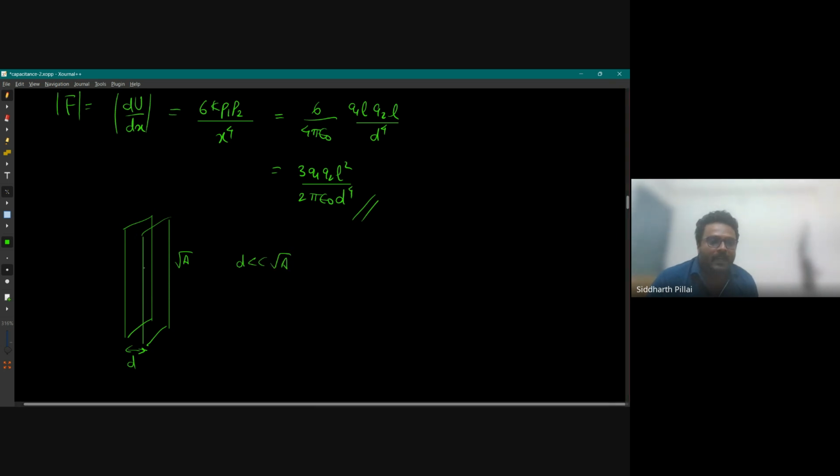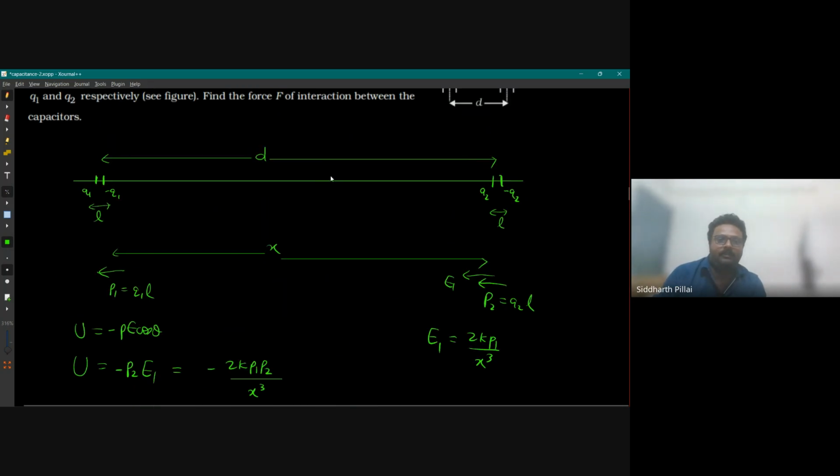In that case, if you look at any point between the plates, you can approximate it to an infinite sheet of charge. So you will get E equal to sigma by epsilon naught, which is constant, right? But when you're looking at distances much larger than the dimensions of the plate, this approximation will no longer hold. The field will depend on the distance.